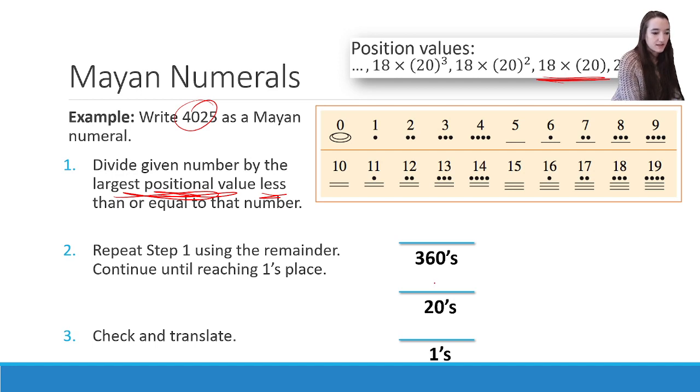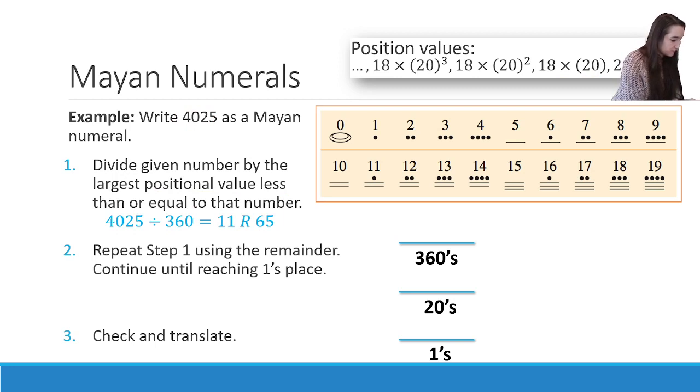So we start by taking 4,025 and divide by 360. When we do this, 4,025 divided by 360 equals specifically 11.1805, and going on, right? So when we do this, we don't care about this part. We just take the 11, and we have to find the remainder in the same way we did before. We find the remainder by subtracting 11 times 360 from 4,025.